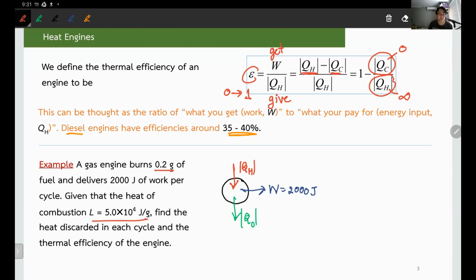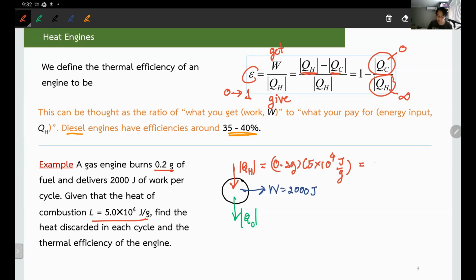fuel. So what is going to be the energy that you get from burning 0.2 gram? It is going to be 0.2 gram times 5 times 10 to the fourth joule per gram, because each gram gives you this much. So you multiply 0.2 with that heat of combustion.